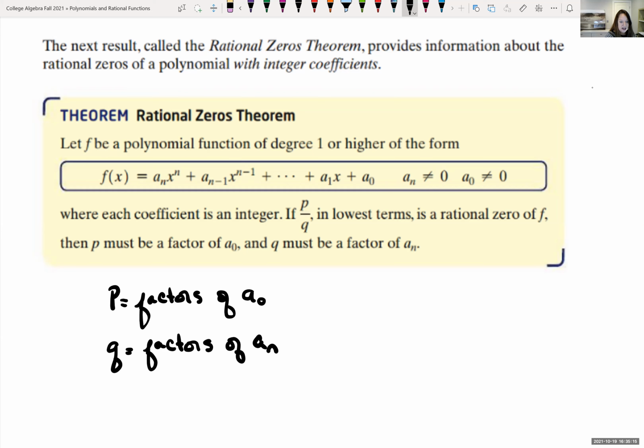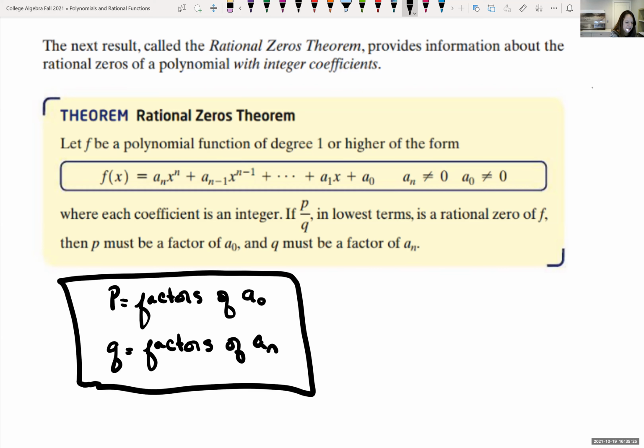The other thing it doesn't tell me is if a complex number is a zero or not. But we're going to use this a lot to help us break down our polynomials and find the zeros of those polynomials and factors of our polynomial.